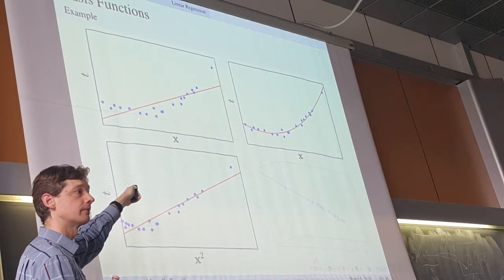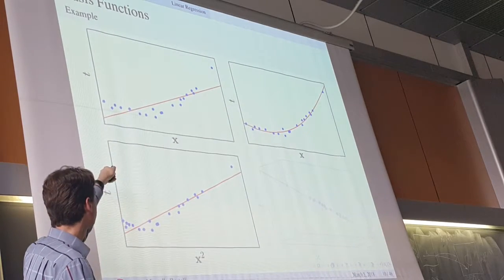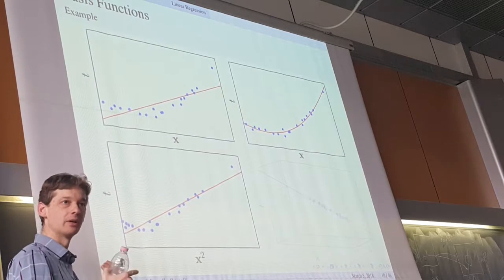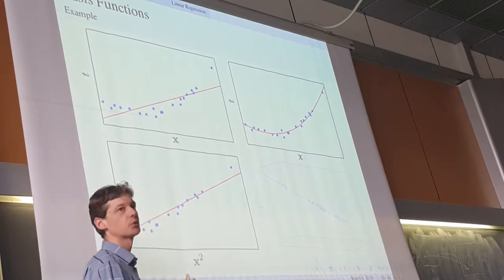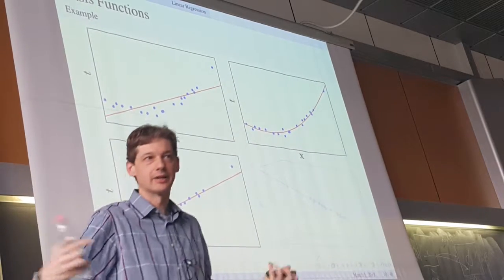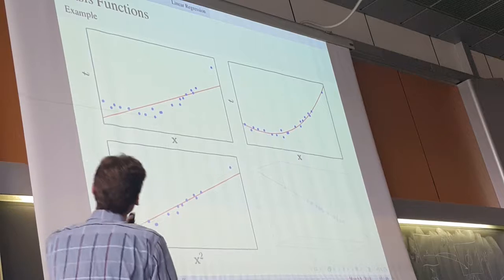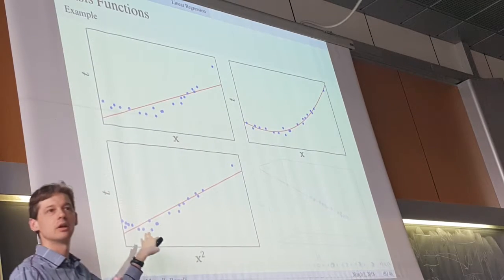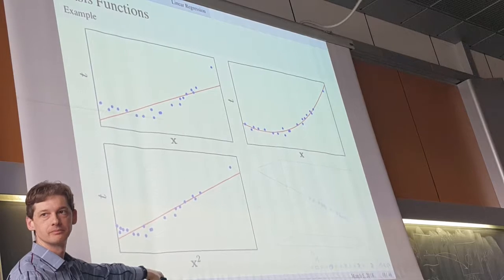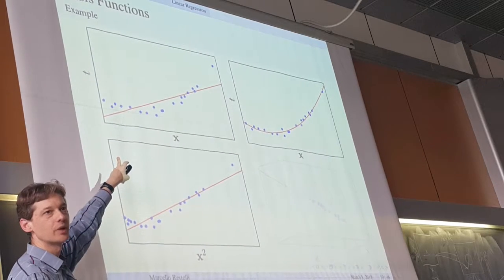These blue points are the same here and here. They have simply been reshaped by changing X with X squared. Of course, they move clearly. But you can see that now, again, they are not linearly distributed even with respect to X squared, but it's something better than with respect to X.